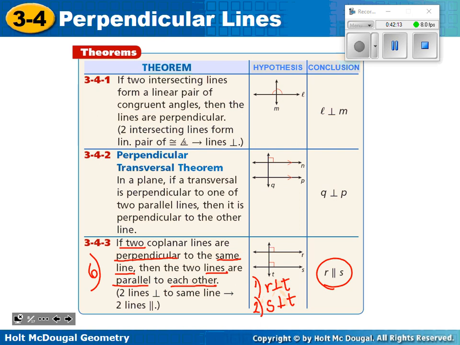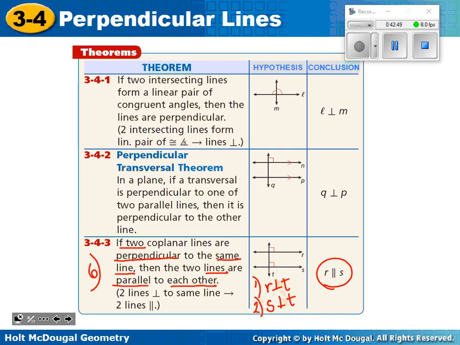So up here on the board, 6th way to prove lines parallel, does not have a name, does not start with converse of. It simply says, if 2 lines are perpendicular to the same line, then they, the 2 lines, are parallel to each other.